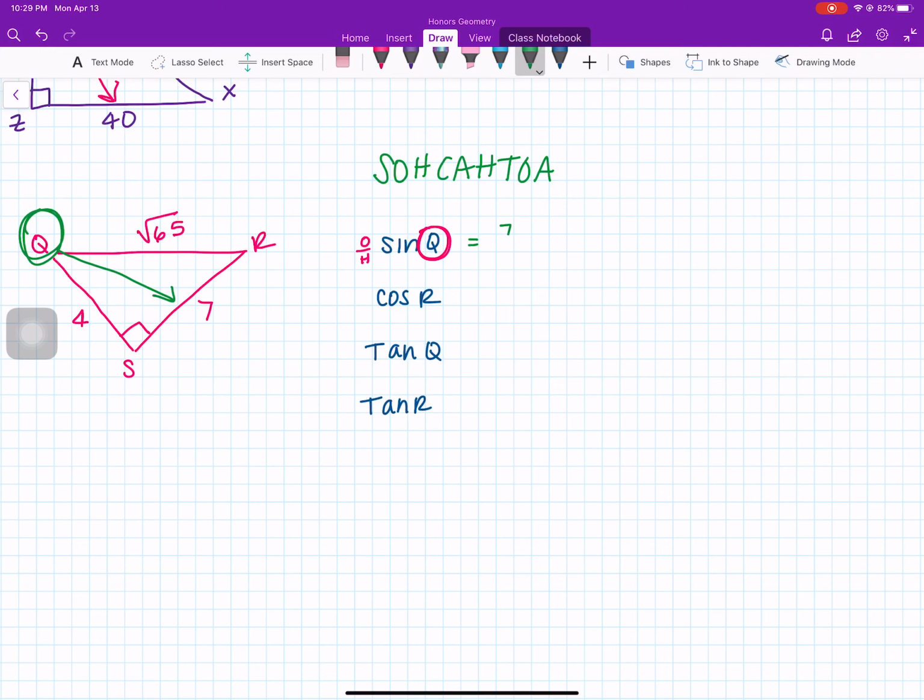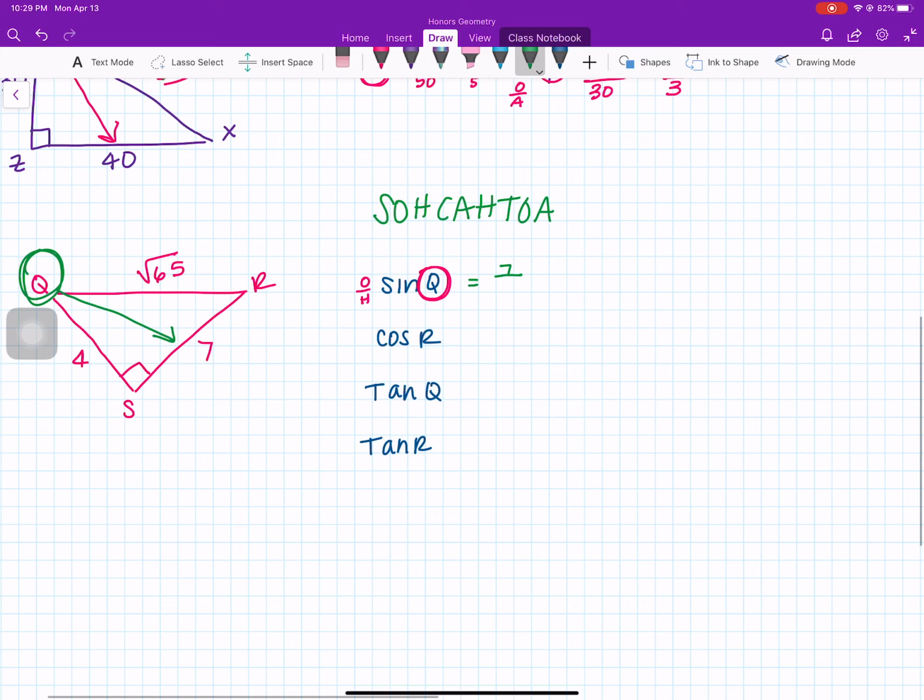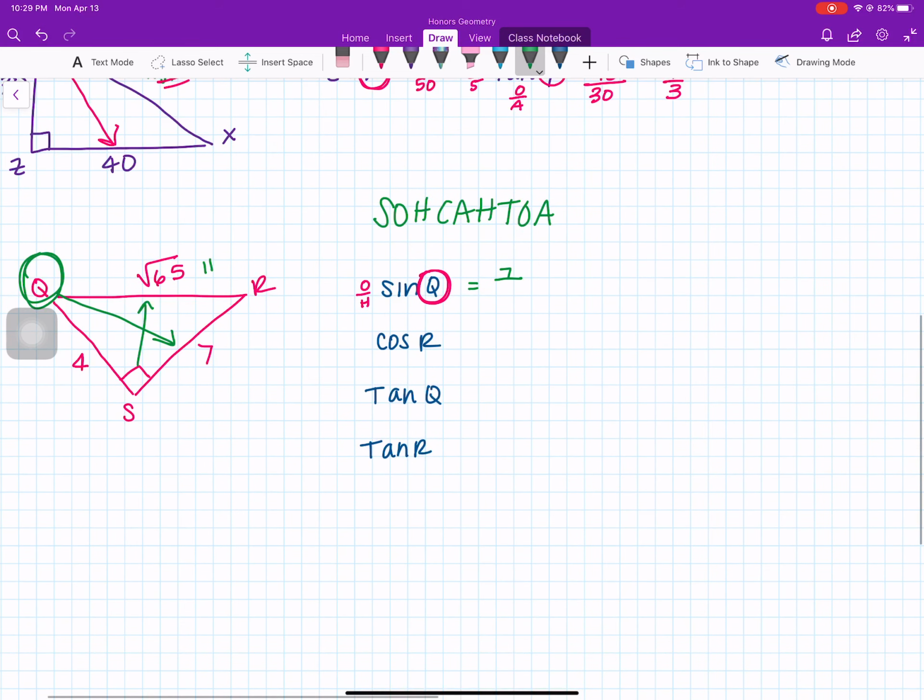So this is going to equal 7 over the hypotenuse of the whole triangle, which is the longest side, which is the side opposite the 90. I'm just going to go ahead and label that hypotenuse. It's going to be the same every time I need the hypotenuse, which is the square root of 65.